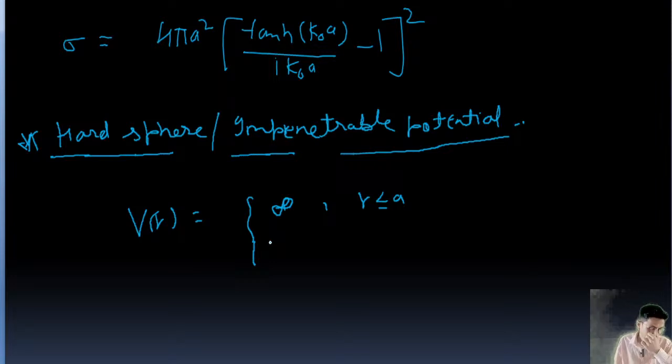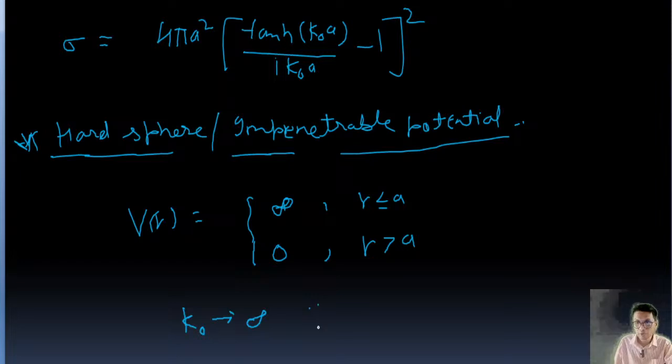And the value is zero if r is greater than a. So in that case, k naught is tending to infinity.